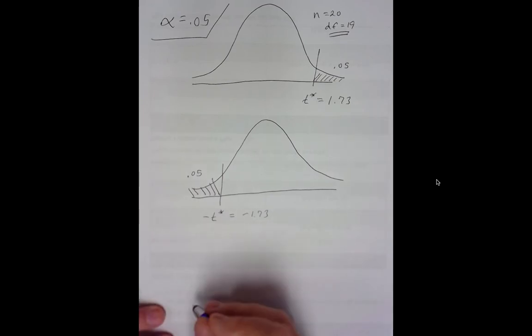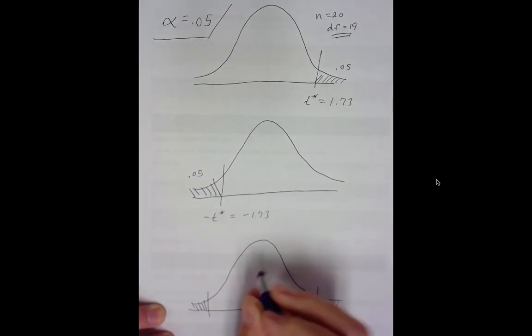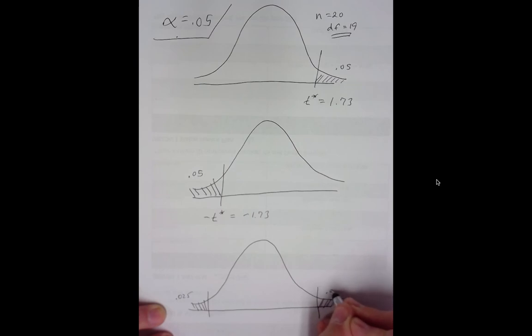Now, if we have a two-tailed test, it means we've got two tails of rejection, but we're putting half of our alpha in one tail. Half of 0.05 is 0.025, and we put our other half in the other tail.